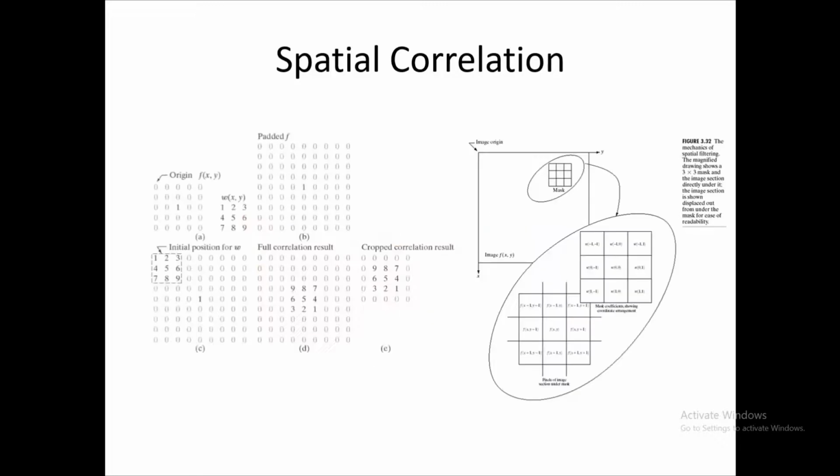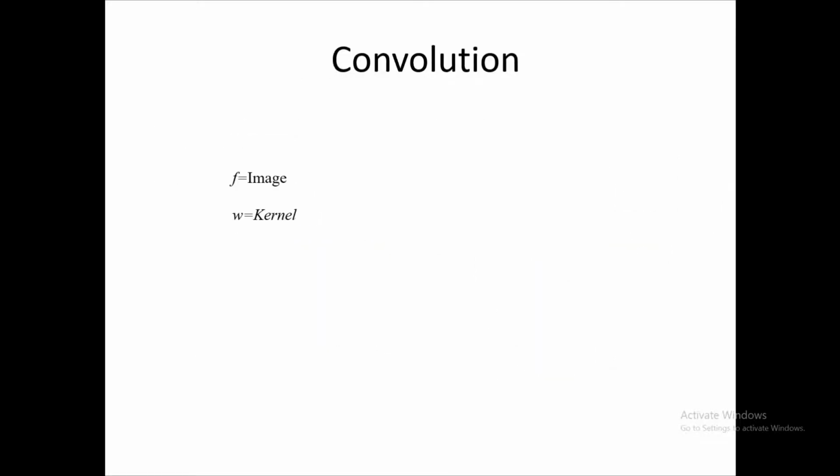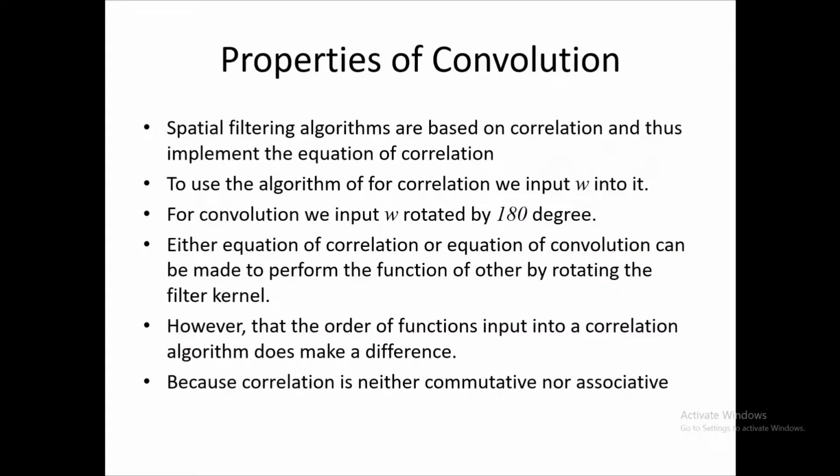The result of correlation here, in this case, is just the flipped version of convolution, or convolution is just the flipped version of correlation. So the spatial filtering algorithms are based on correlation, and thus implement the equation of correlation.